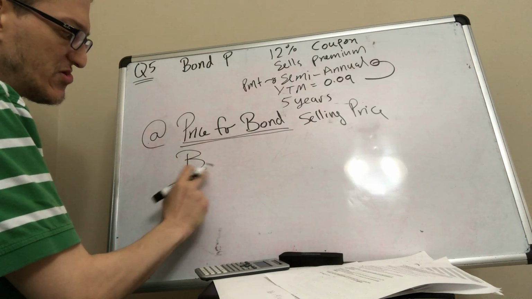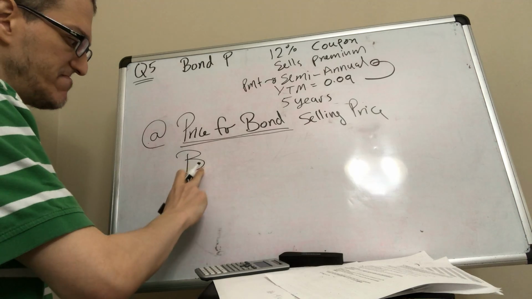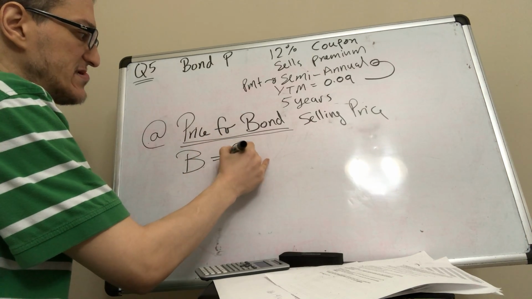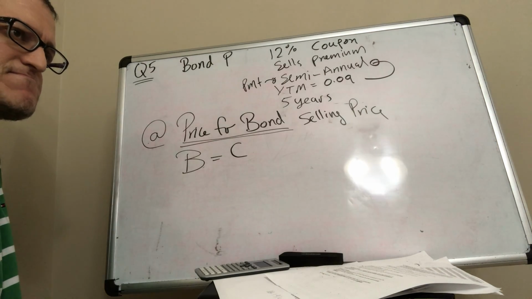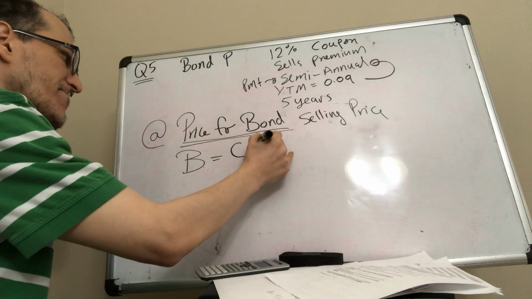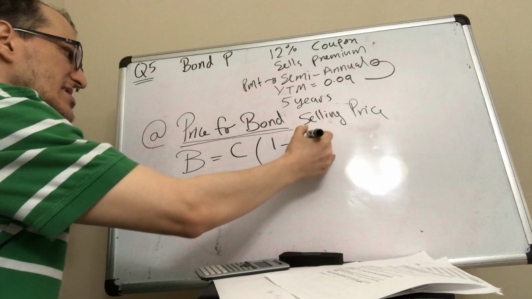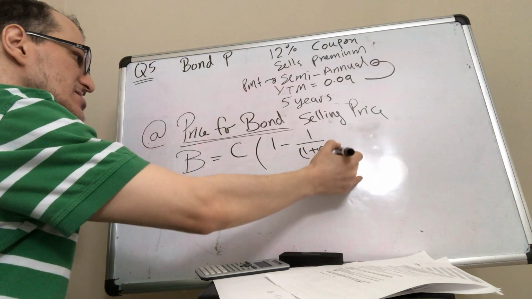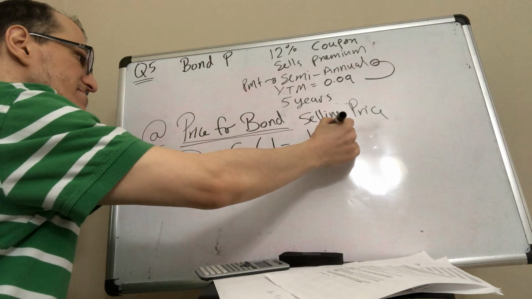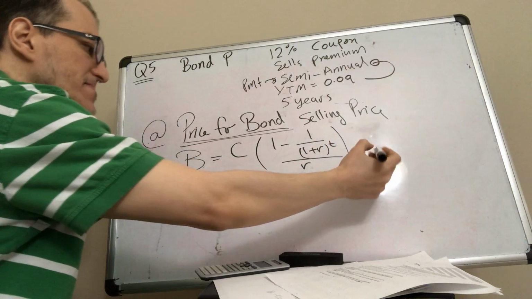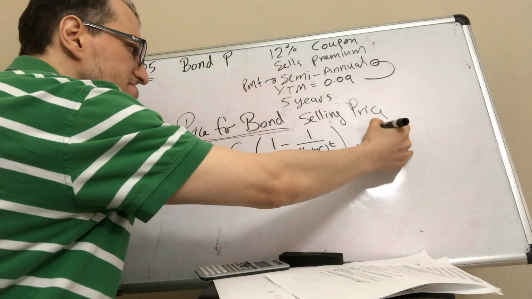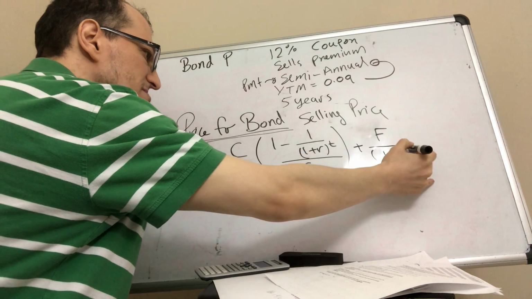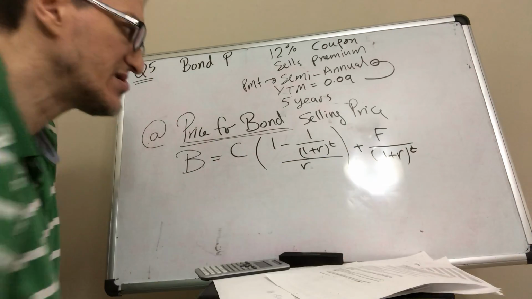It's the formula for bond B: C times (1 minus 1 over (1 plus R) to the T) over R, plus face value over (1 plus R) to the T.